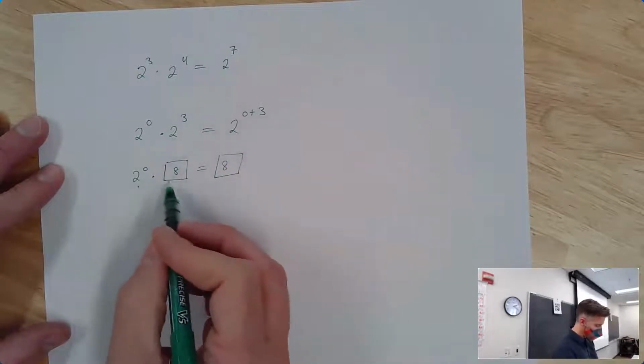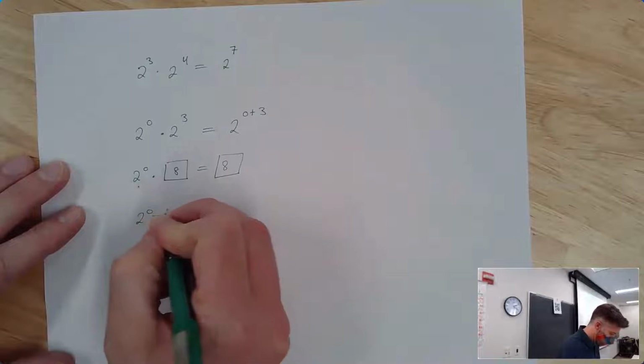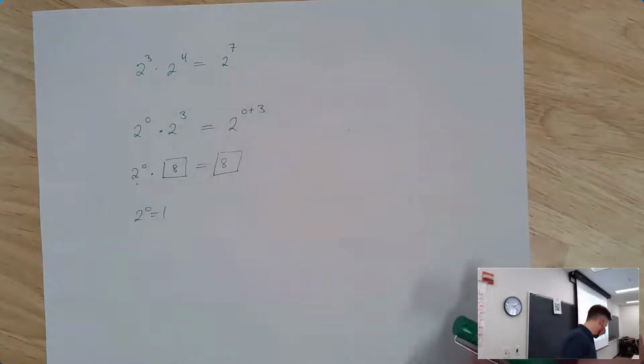Okay, so 2 to the 0 times 8 equals 8. There's no other choice. 2 to the 0 has to be what? So that's why the 0th power of something is equal to 1, because of this additive law of exponents. There's no other option, as long as the base is a non-zero number. 0 to the 0 is something that's totally different, that most of the time is 1, but sometimes it's not. So don't worry too much about that.